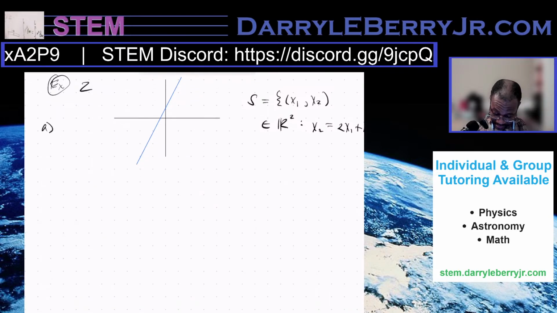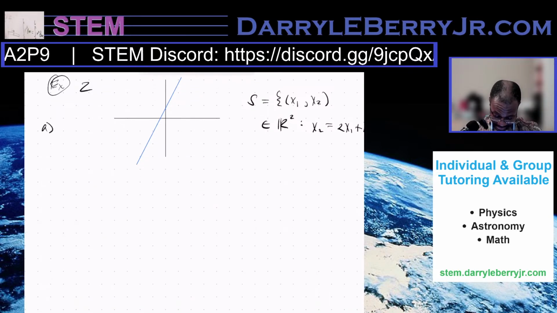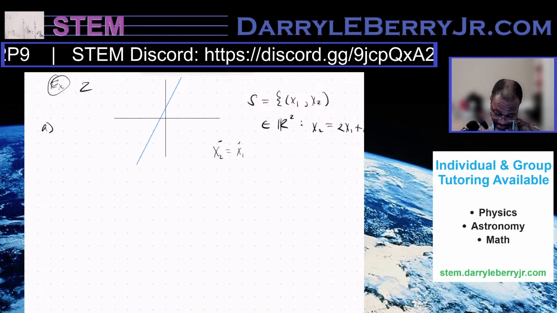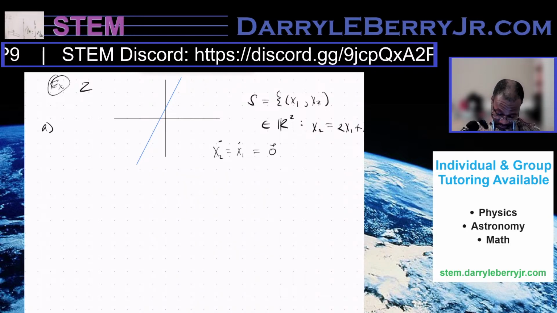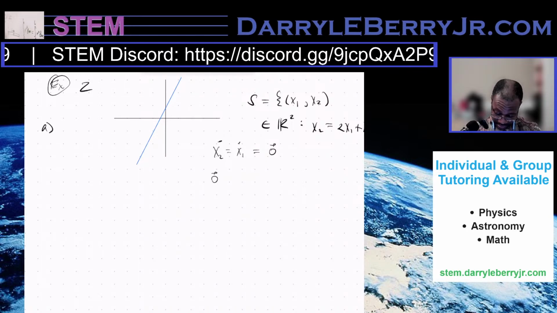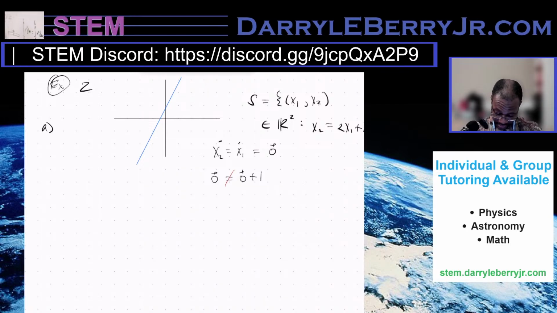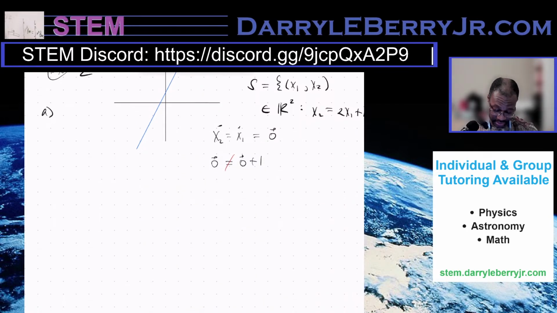So I'm not sure the best way to prove this, but I can say that x equals x1 equals the 0 vector. So that would be 0 equals 0 plus 1, and that's not true. So it fails closure under 0.